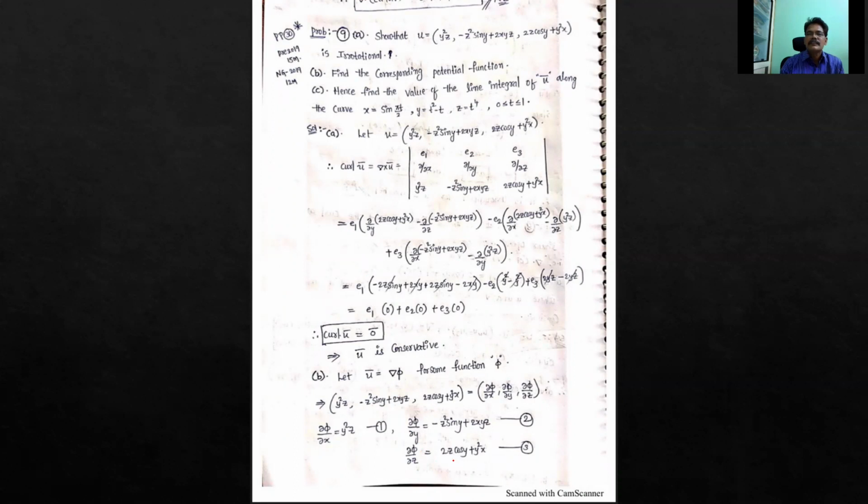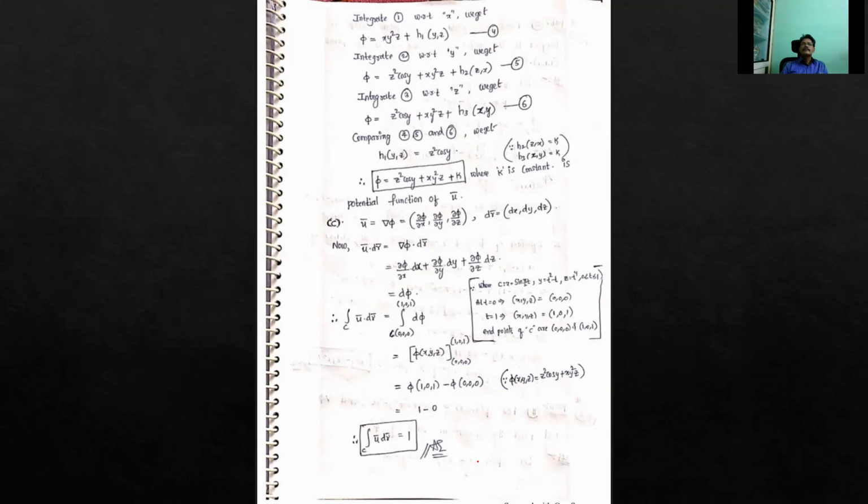For the integral of 2z we get z², the 2 cancelling with the z²/2. So this is z² cos y, and y² times the integral of 1 dz gives y²z, plus h3(x, y). Comparing the three results, we are getting h equal to z² cos y plus xy²z plus k, where k is a constant. So finally, we are getting u bar equal to del phi.